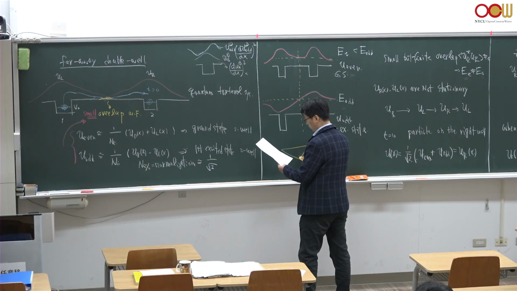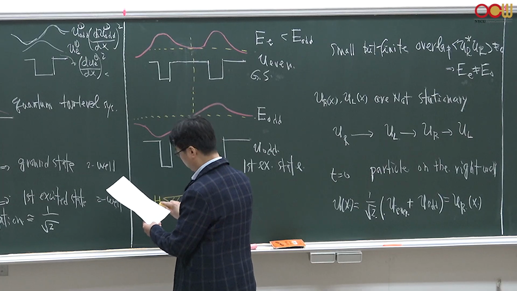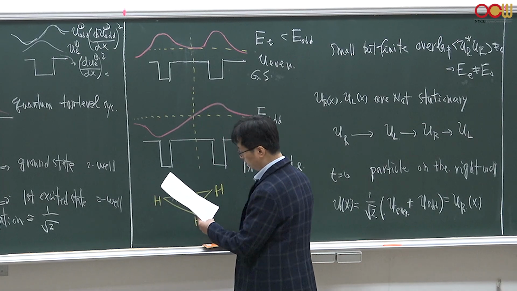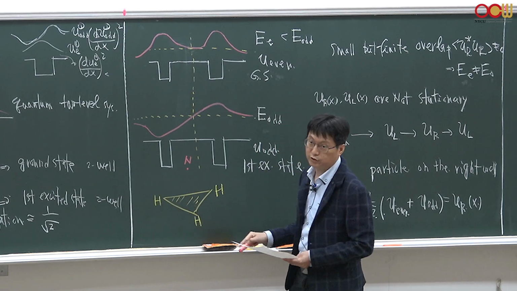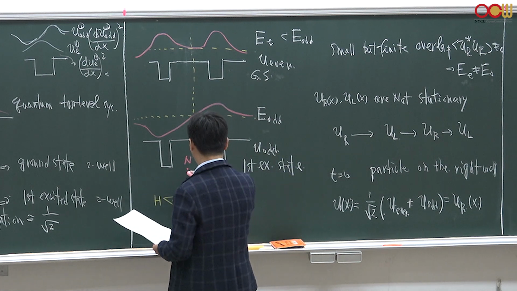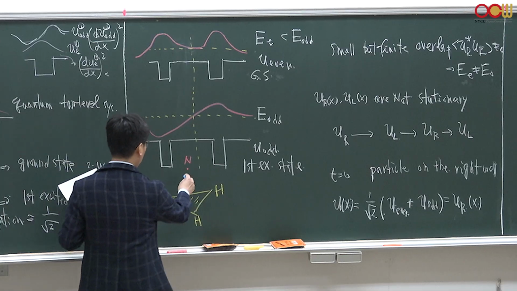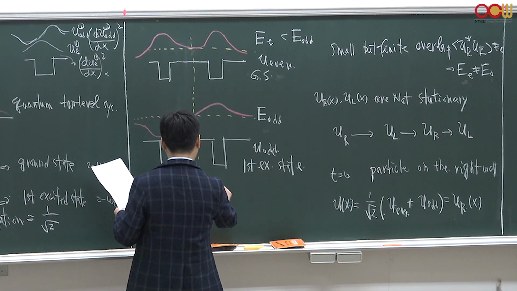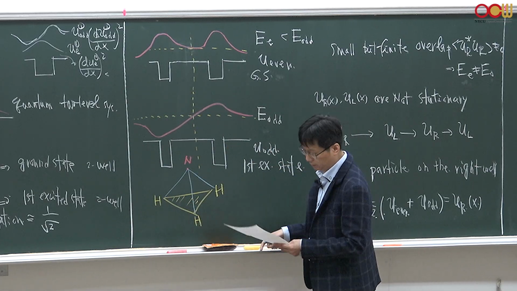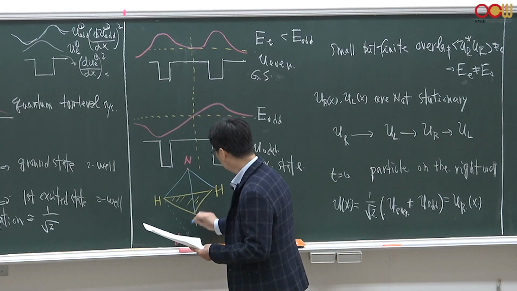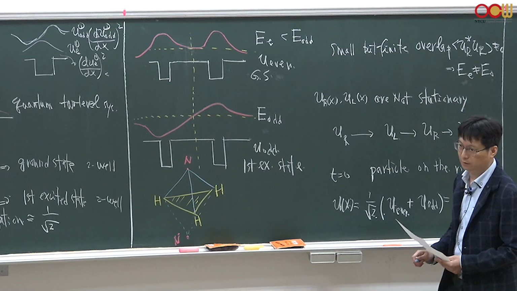So this is a lattice of ammonia, which has a pyramid structure, with 3 hydrogen atoms connected to 1 nitrogen atom, and this nitrogen atom can have 2 possible positions, one above the triangle, another below the triangle. These 2 positions are the 2 possible stable positions for the nitrogen atom to live.